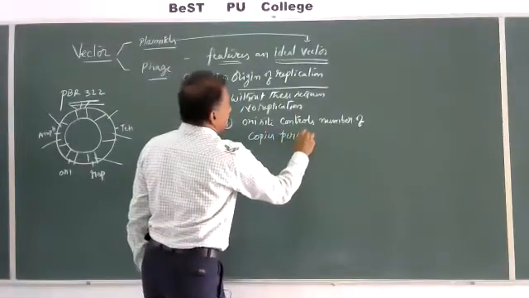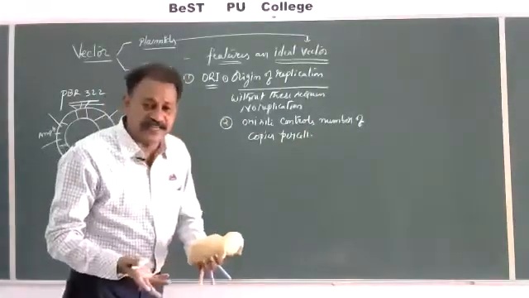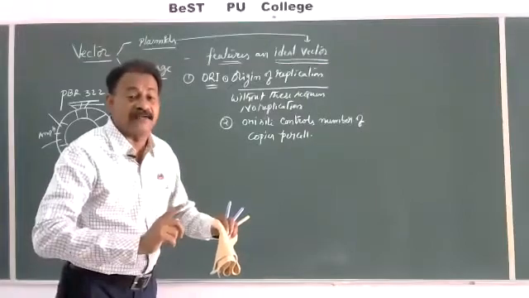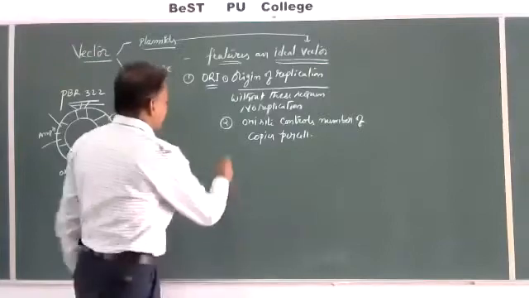Now, which type of vector are we going to select? We are going to select a good vector which has the capability to give more copy numbers.